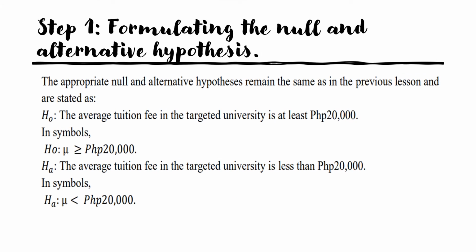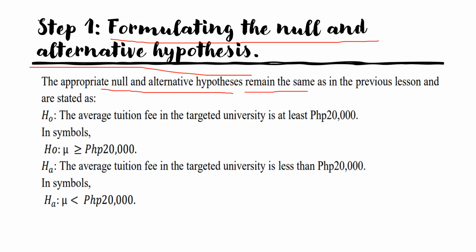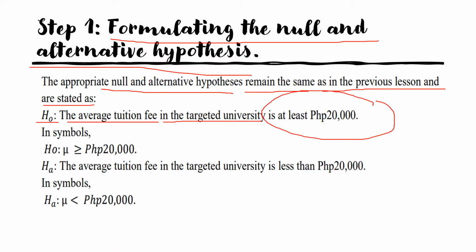For step number 1, formulating the null and alternative hypothesis. The appropriate null and alternative hypothesis remain the same as in the previous lesson, stated as your H0 or your null hypothesis: the average tuition fee in this targeted university is at least 20,000 pesos. So we're going to use this, at least 20,000 pesos.